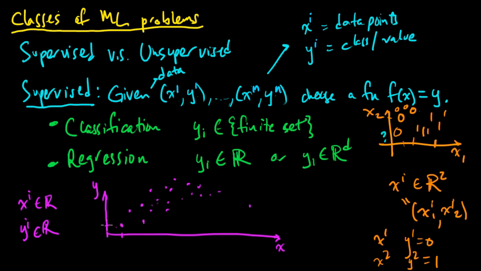Now your task is, I give you this x, and it doesn't have a y associated with it. Your task is to figure out what y you should associate with that value. Or more generally, for any given x, what y should you associate with that x?